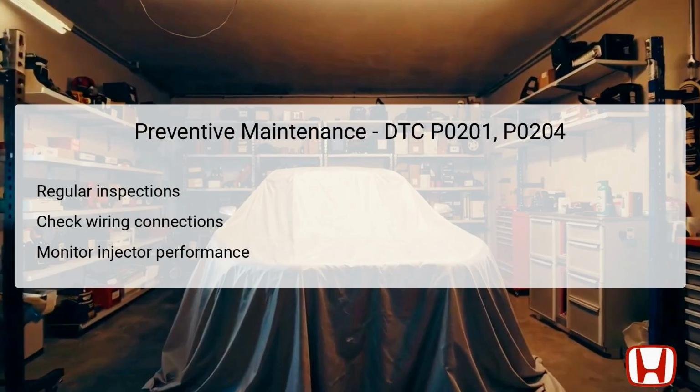Keeping connections clean and free of corrosion or wear is equally essential in maintaining the integrity of the electrical system. Adopting a proactive approach can mitigate the risk of encountering these error codes again, enhancing overall vehicle reliability.